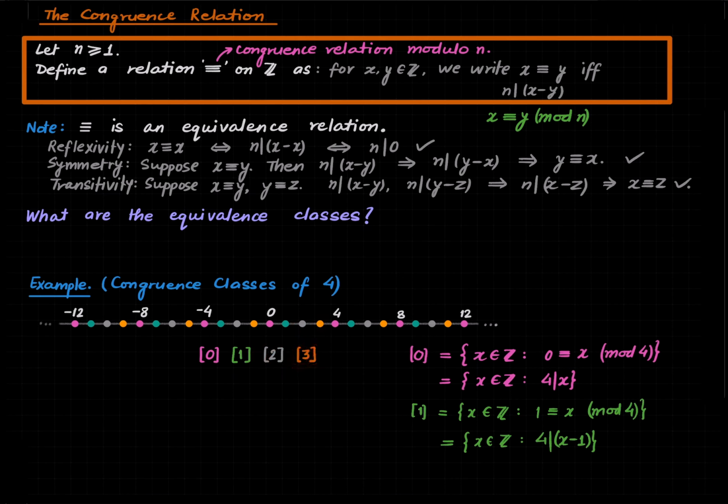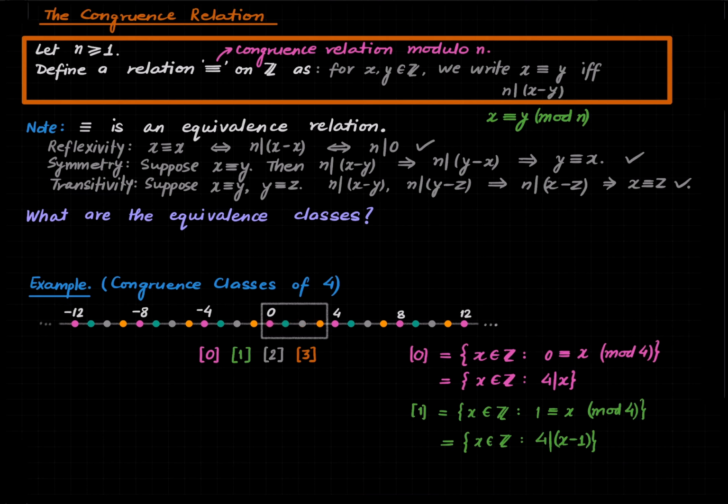What about the equivalence class of 4? Well, the equivalence class of 4 is same as the equivalence class of 0, because 4 is related to 0 under this relation. So there are exactly 4 equivalence classes: class of 0, class of 1, class of 2, and class of 3.